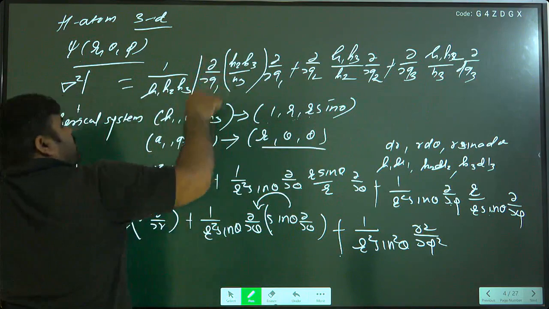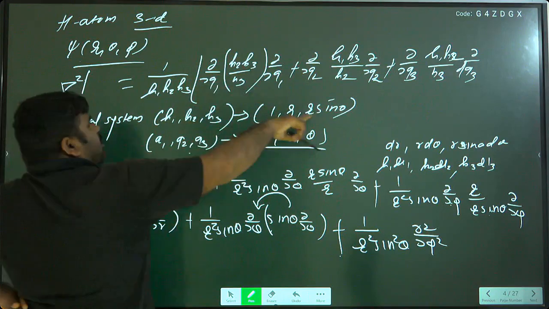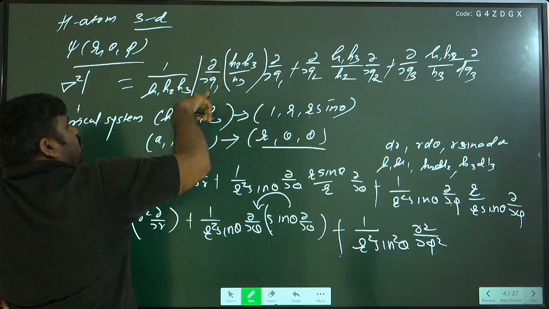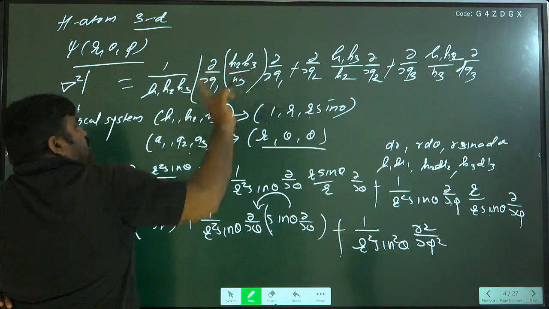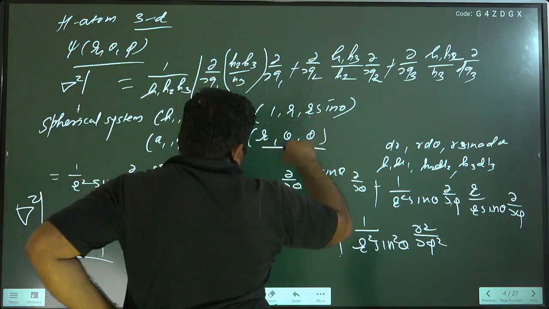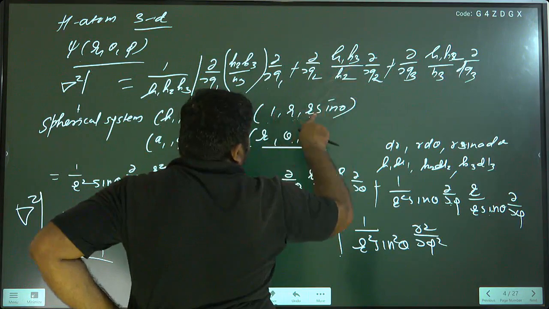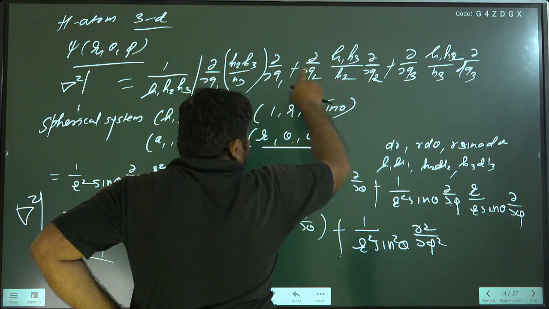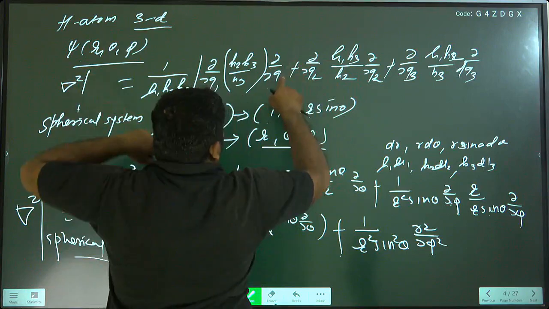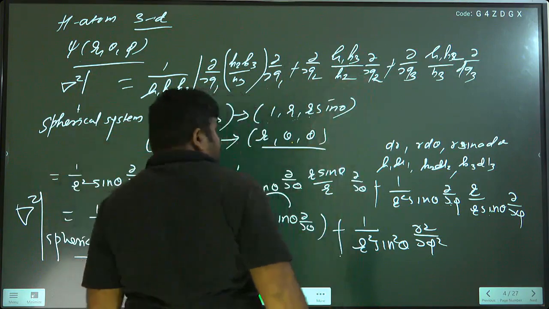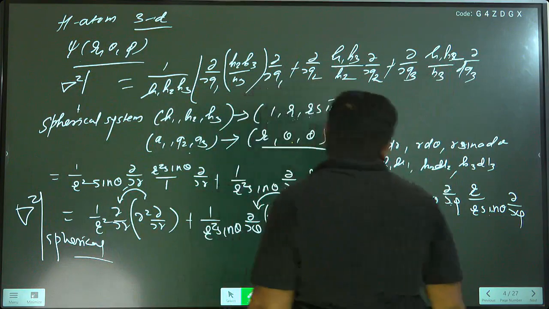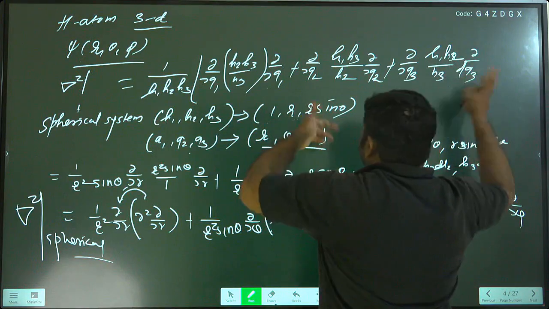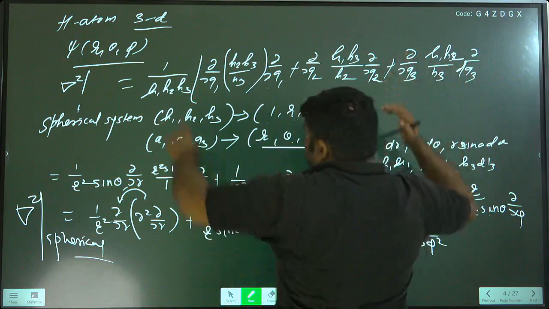Sin theta is not a function of r, so the sin theta gets cancelled: 1 by r squared ∂/∂r (r squared ∂/∂r), plus ∂/∂theta (sin theta ∂/∂theta) with 1 upon r squared sin theta outside, since sin theta is a function of theta and we don't take it outside. Then plus ∂/∂phi, where r and r cancel.